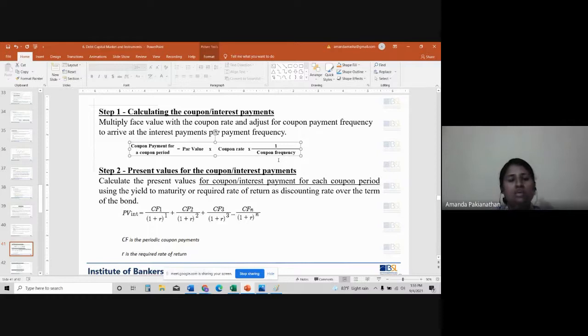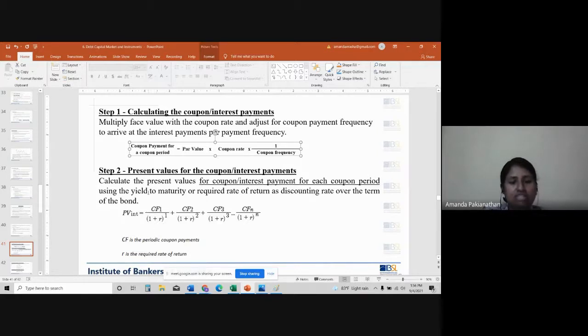Now we know the interest for one coupon period. But even though the amount is fixed, we know the real value is different. So in the second step, we are going to find the present value of each coupon payment. So here what is going to happen?